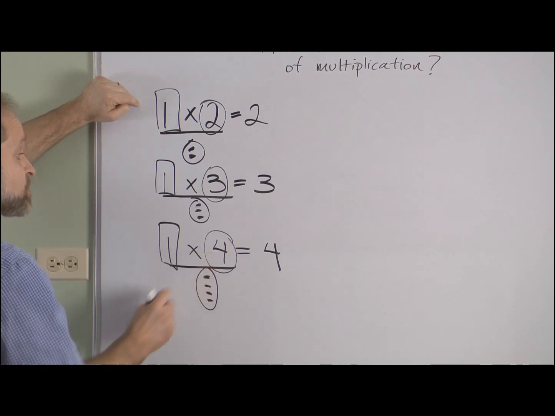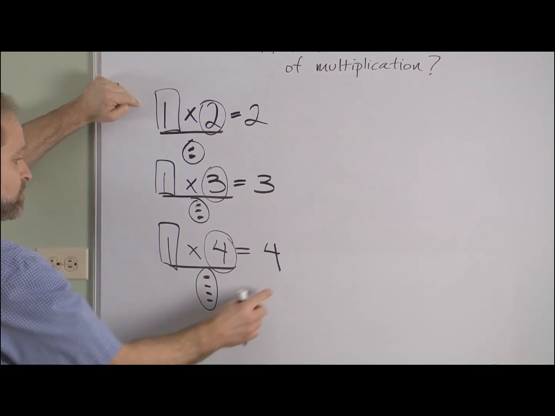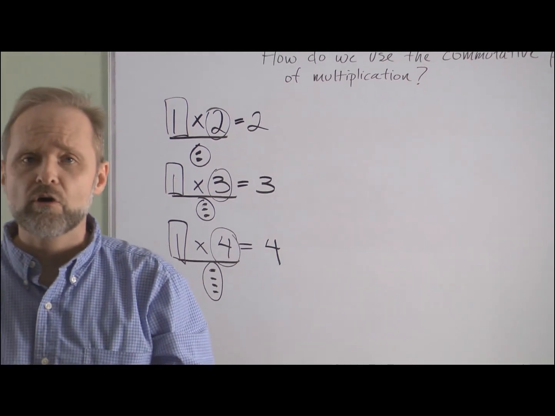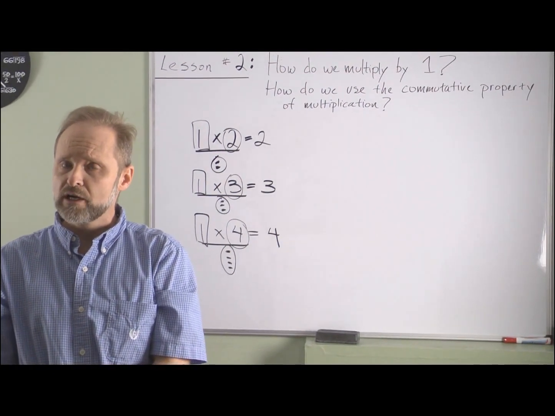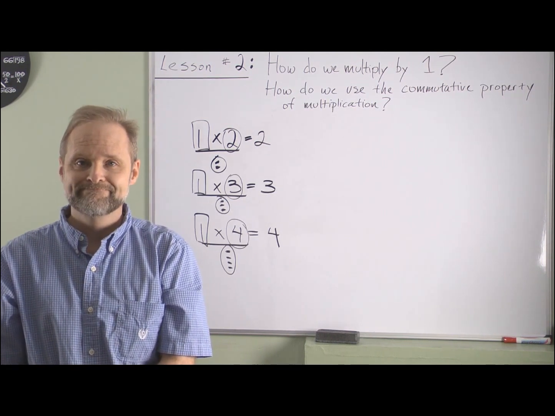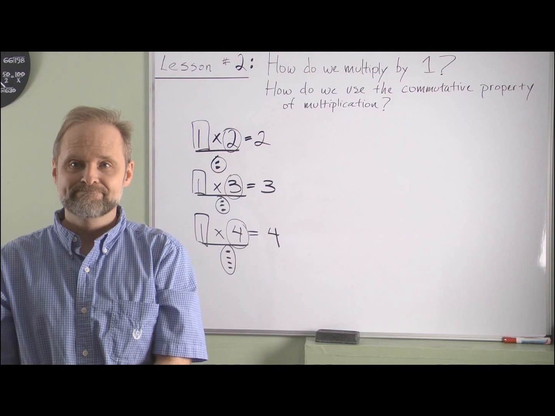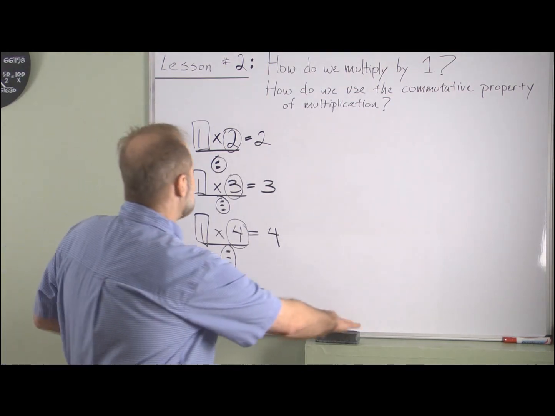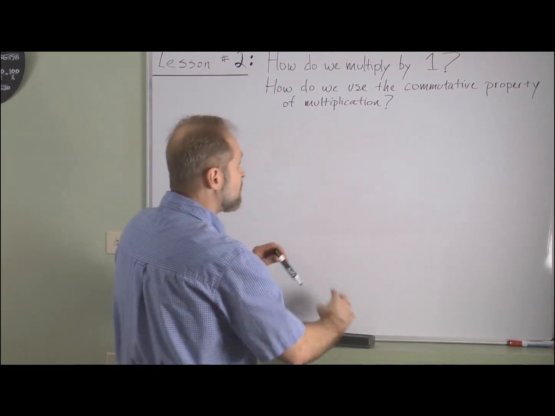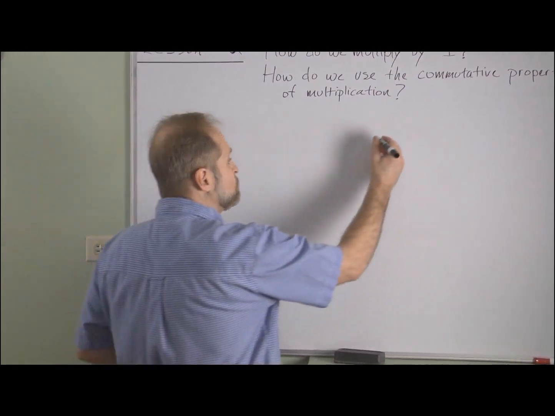And so those 4 dots are all that we have. And so the answer is 4. I want you to give that some thought. Perhaps pause your video right now. Talk to your parent or your tutor. Now, let's go ahead and take a look at some practice. I want you to go ahead and try these problems, see how you do.